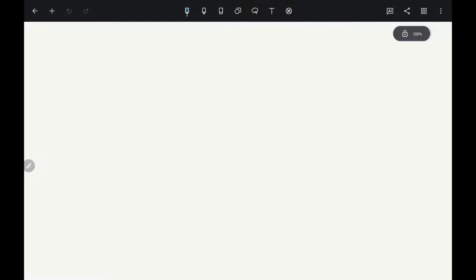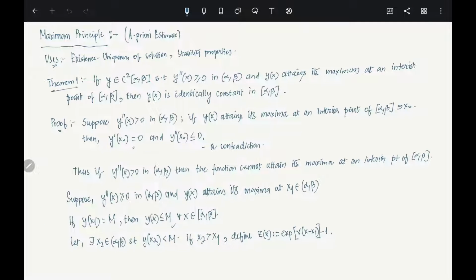See, clearly z of x is negative for x in alpha to x1. Clear? It has to be negative. See, x2 is greater than x1, right?